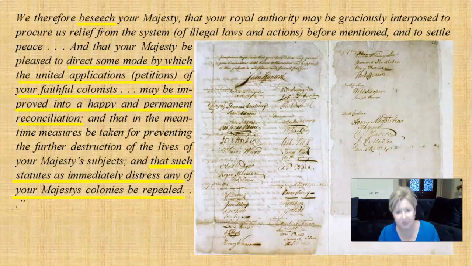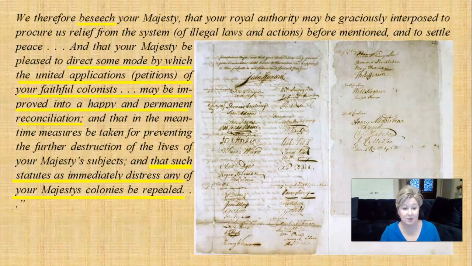So we then beseech, we see that language again, we're begging Your Majesty that Your royal authority may be graciously interposed to relieve us from these illegal laws and actions and settle peace. Please, Majesty, give us some mode, some way by which our petitions may be improved into happy and permanent reconciliation.